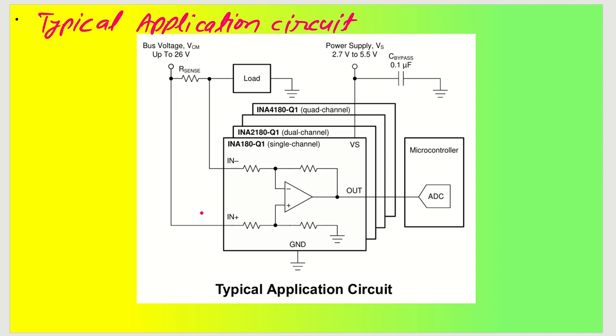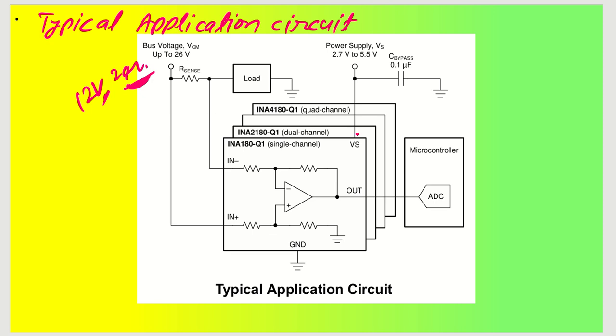Let us talk about a typical circuit. Let us say we have an input voltage of, let's say, 24 volt, or let us say 12 volt. We will be seeing other voltages as well. We have a lot of current sense amplifiers which can take input voltage more than this, even 65 volt or 100 volts. But our aim is to understand what a current sense amplifier is and how it can be utilized in a circuit.